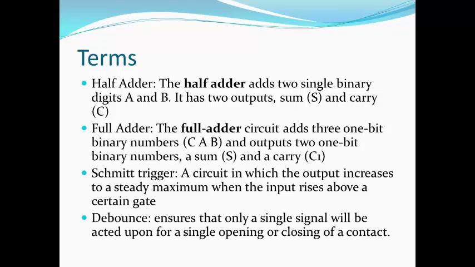A Schmitt trigger, a circuit in which the output increases to a steady maximum when the input rises above a certain threshold. Debounce ensures that only a single signal will be acted upon for a single opening or closing of a contact.